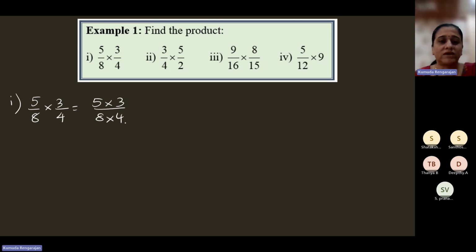They don't have any common factor. In this case, simply find the product. 5 into 3, 15. 8 4s are 32. That's it. Simplification, that is cancelling, may or may not be possible. So it depends on the numbers given. Yeah, finish all these 4. I'll just come back. Please do these.